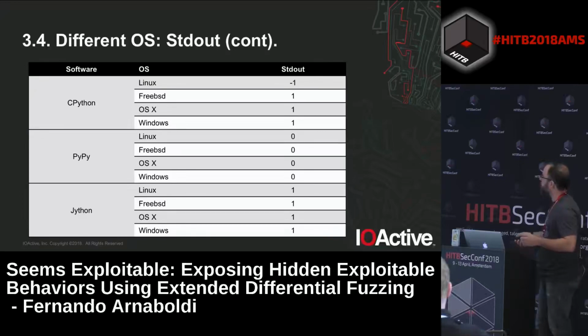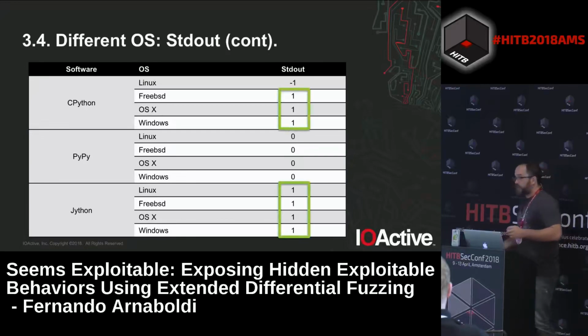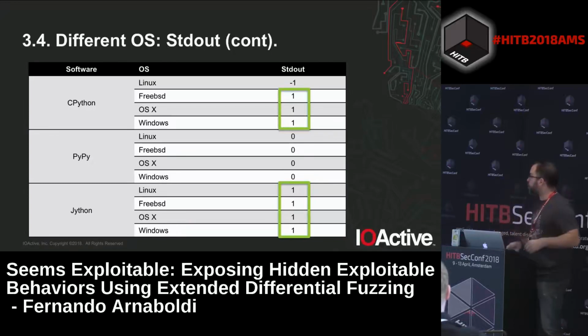I don't know if you pronounce it like that. I tested in all these operating systems, and this was the output in all of them. This would be the correct output when comparing two floating point not a number values, because they shouldn't be equal. It should be the number one.